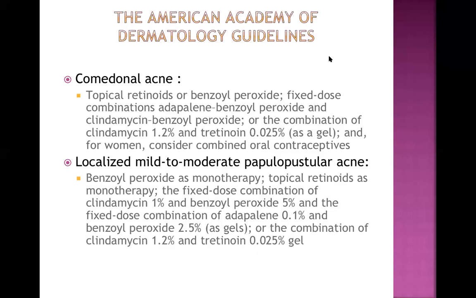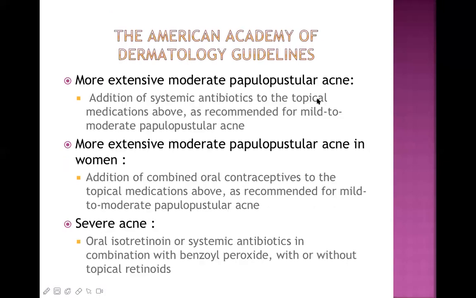Or the fixed dose combination of clindamycin 1% and benzoyl peroxide 5%, and the fixed dose combination of adapalene and benzoyl peroxide as gel, or the combination of clindamycin and tretinoin. So different options are there. It depends which option we want to go with. Here the concept is important. Okay, now let's move on.